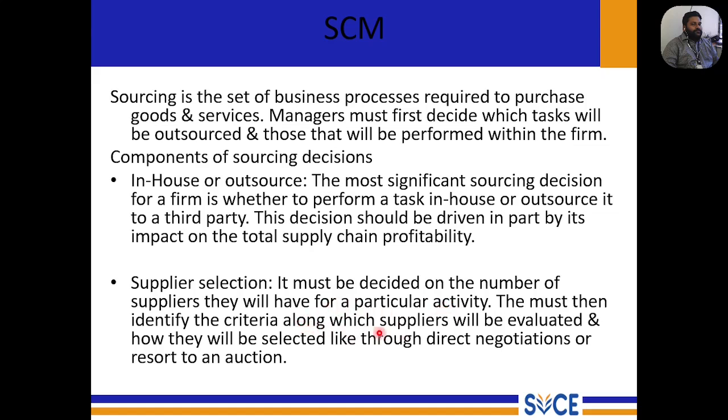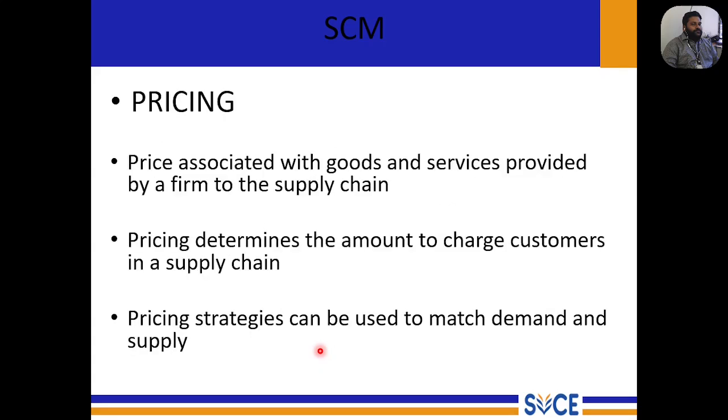Then the criteria along which the supplier will be evaluated and how they will be selected is through direct negotiation or resort to an auction. Usually right now, with the help of AI and all, we are developing the analytical hierarchy process even for supplier selections, and many companies also incorporate them in the selection criteria.